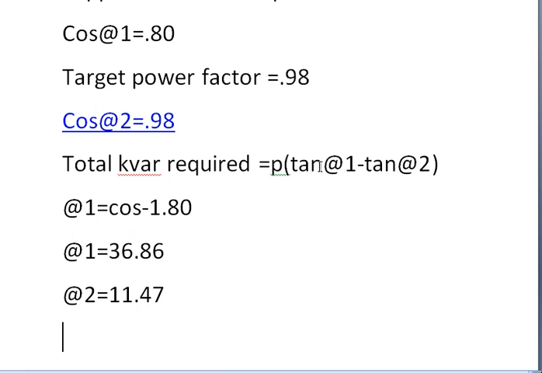We will put it here in tangent phi. Instead of phi we will put the values of phi 1 and phi 2.